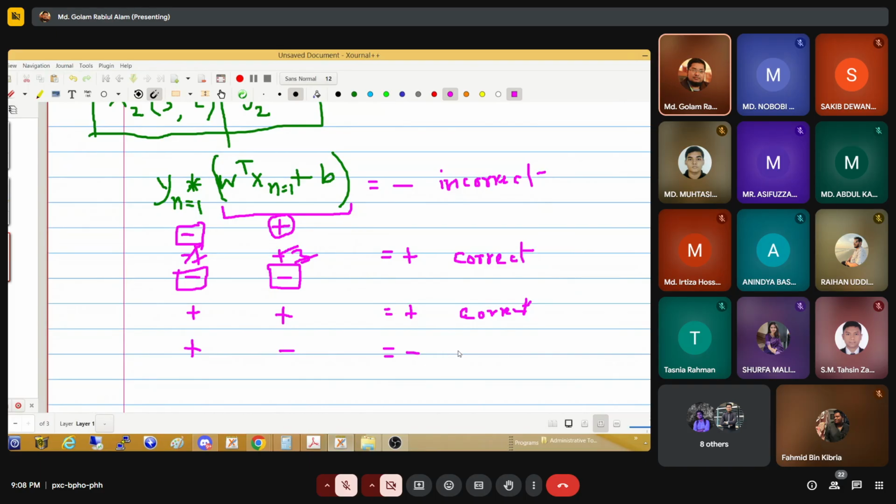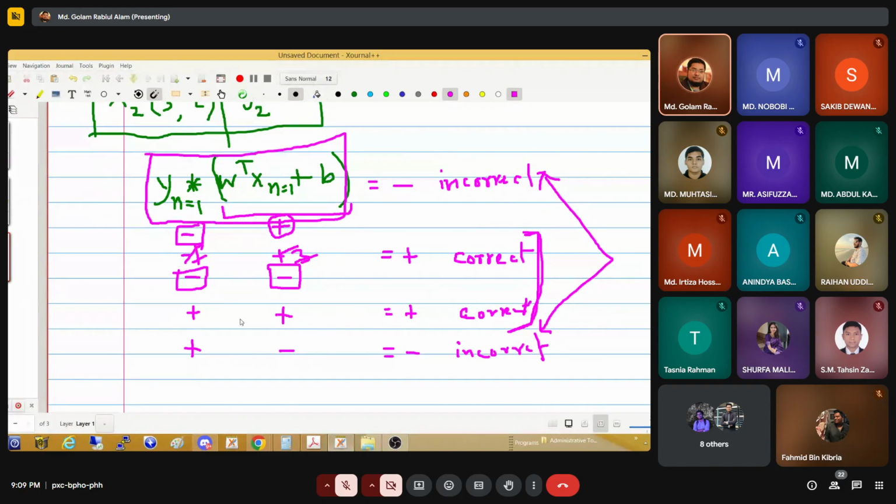So for the case of the incorrect, we will get a value that is less than 1. And for the case of correct, when we accurately classify the instances, we will always get positive results from this multiplication of these two terms.